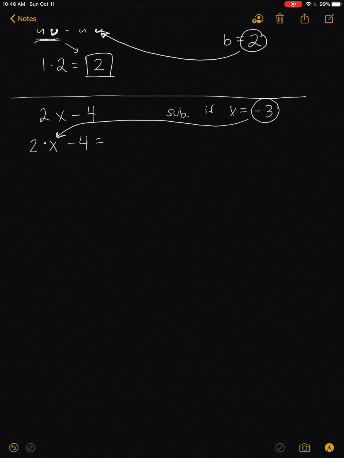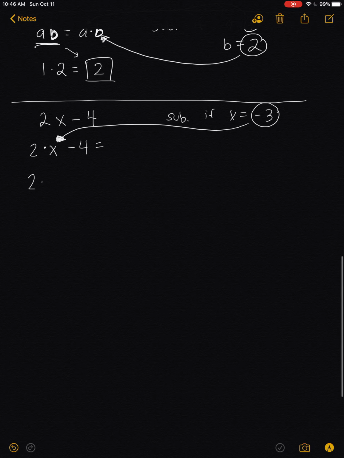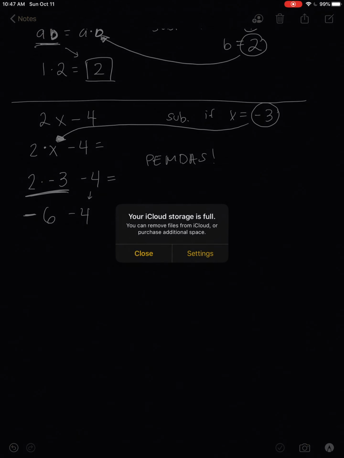This is where those negatives can get a little tricky, so make sure you pay attention to them. I'm going to plug -3 into x, so it's 2 times -3, right, minus 4. Remember PEMDAS. So you do parentheses first, exponents next, multiplication and division. So that means we're going to do the 2 times 3 first, then we minus 4, right? So 2 times -3 is, remember, a positive times a negative gives us a negative. 2 times 3 is 6, and then I'm just going to carry this down.